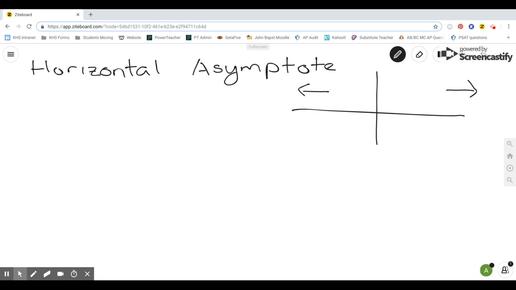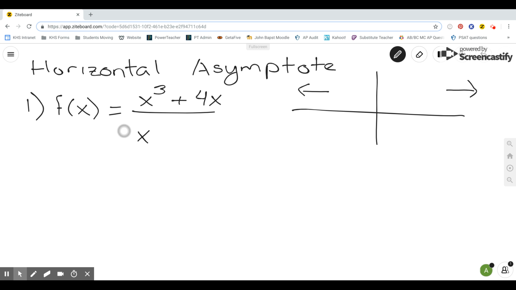So here are the three things that we want to look for. The first thing is if in your function, let's say we have f of x equals x cubed plus 4x over 2x cubed minus 3. Let's say this is our function.